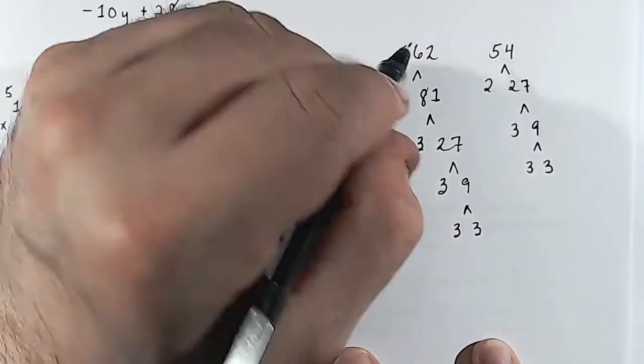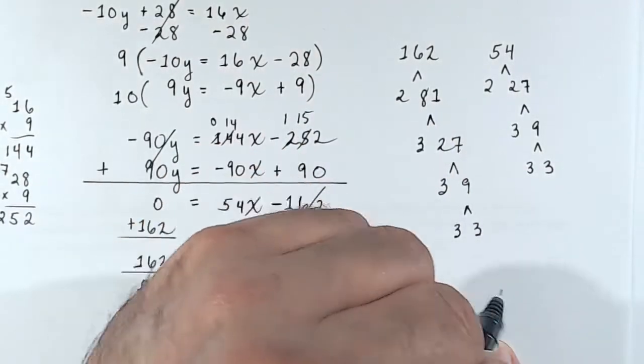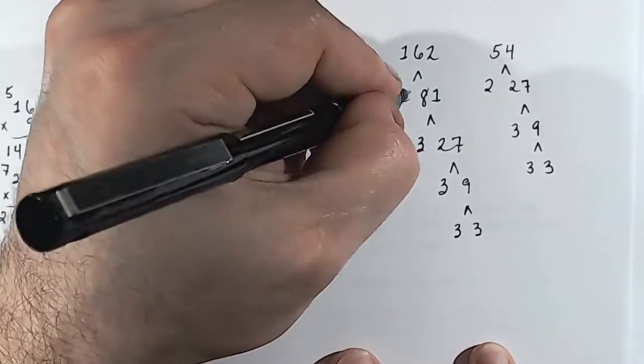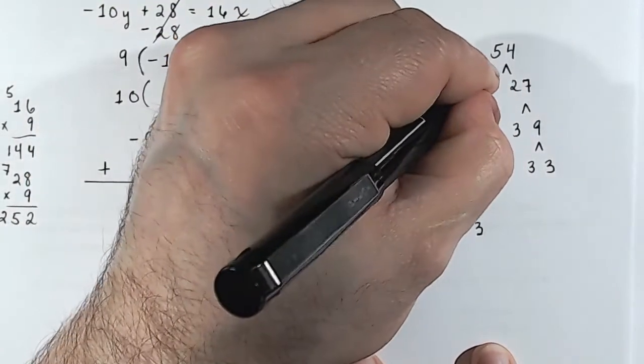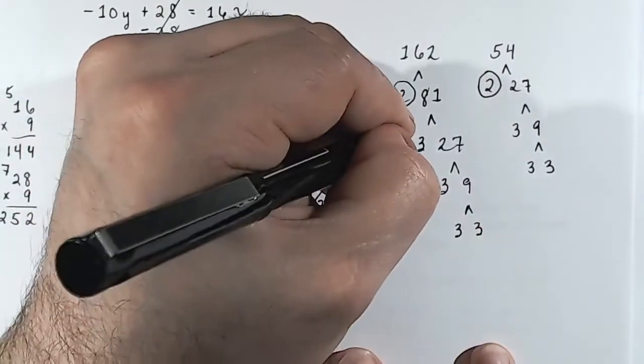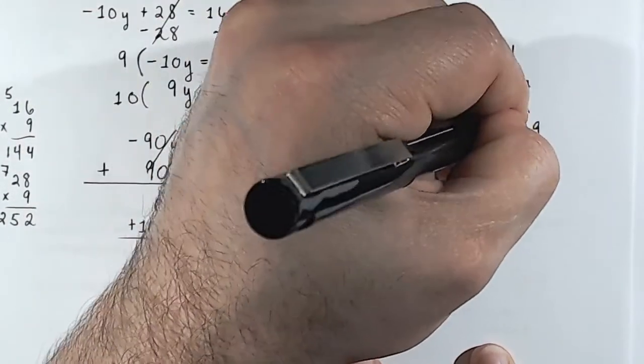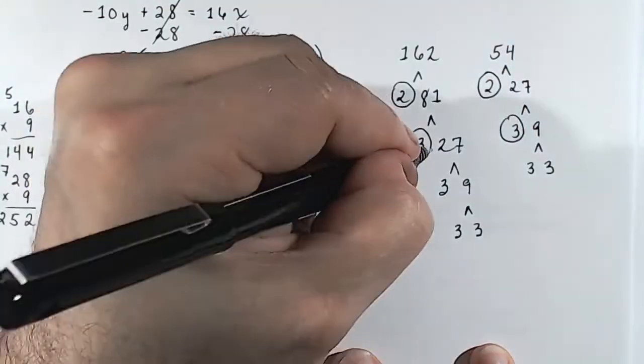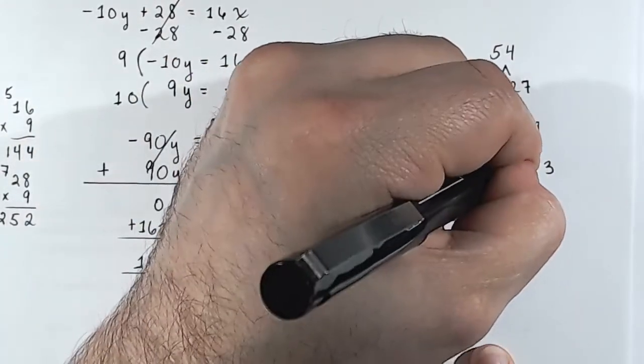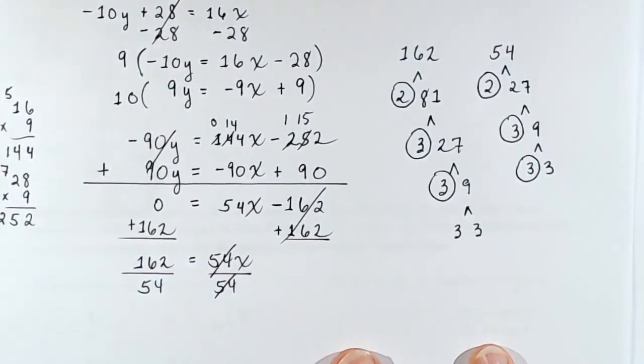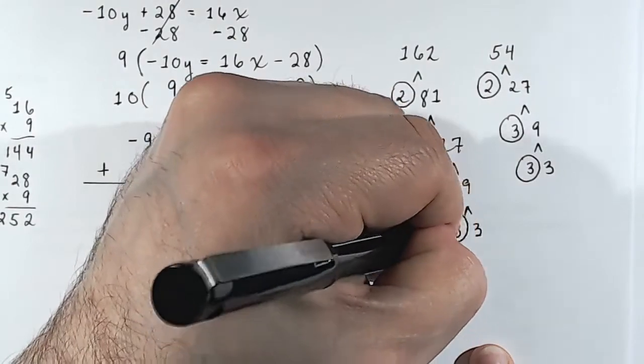Circle all the numbers that are in common with both factor trees. This one and this one. So these 2's are in common. I've got a pair of 3's that I can circle. Another pair of 3's that I can circle. And a final pair of 3's that I can circle.